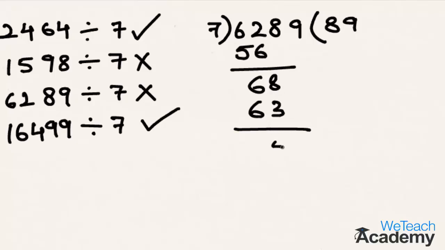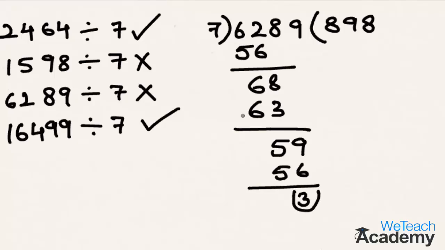The difference over here is 5. Bringing down the next digit 9, it is 59, and now 7 8 times is 56. The difference over here is 3. So the given number is not divisible by 7 exactly, as we get remainder here 3.